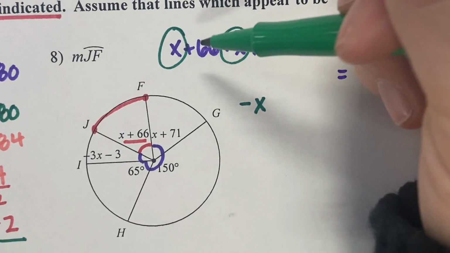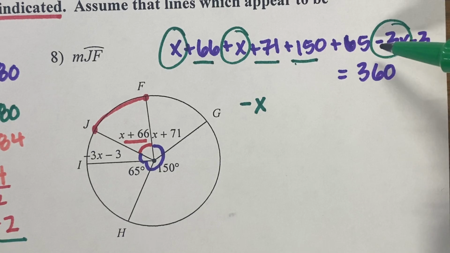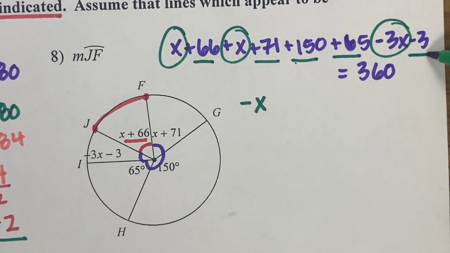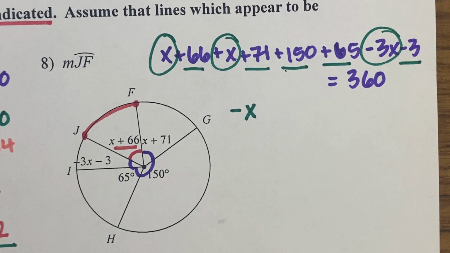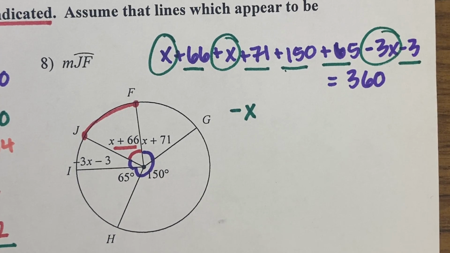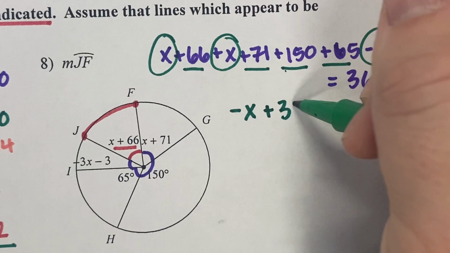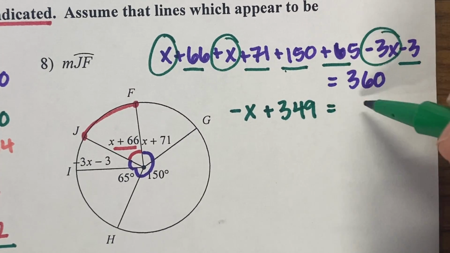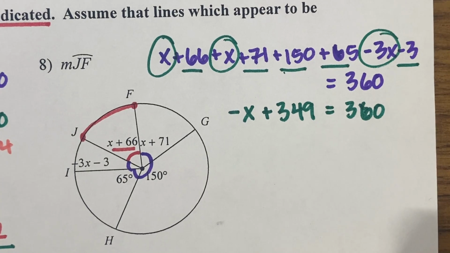Okay, now I can add up all my constants. 66 plus 71 plus 150 plus 65 minus 3, and I'm actually just going to put this all into my calculator. So 66 plus 71 plus 150 plus 65 minus 3, and that gives me a positive 349, and it all still equals 360.